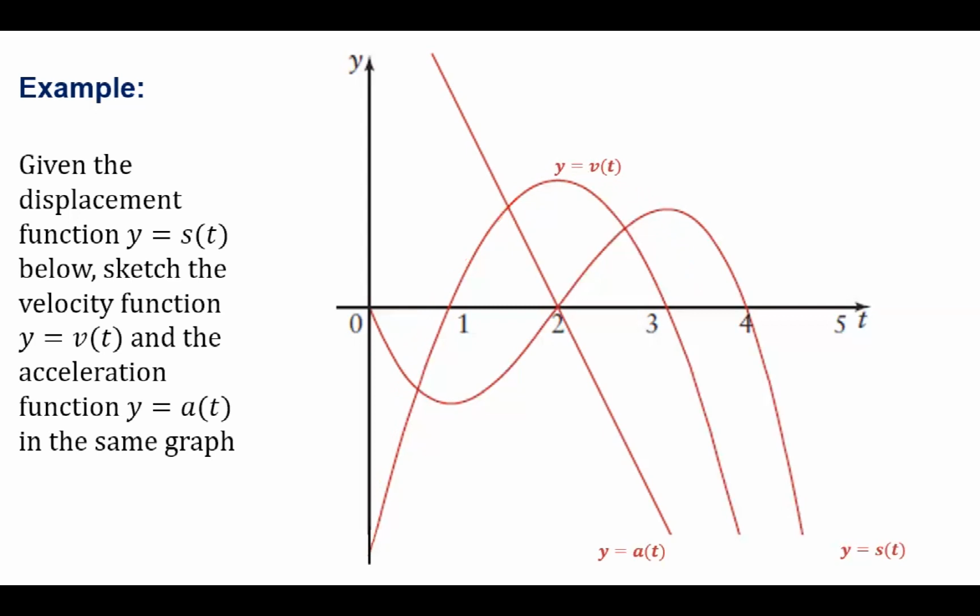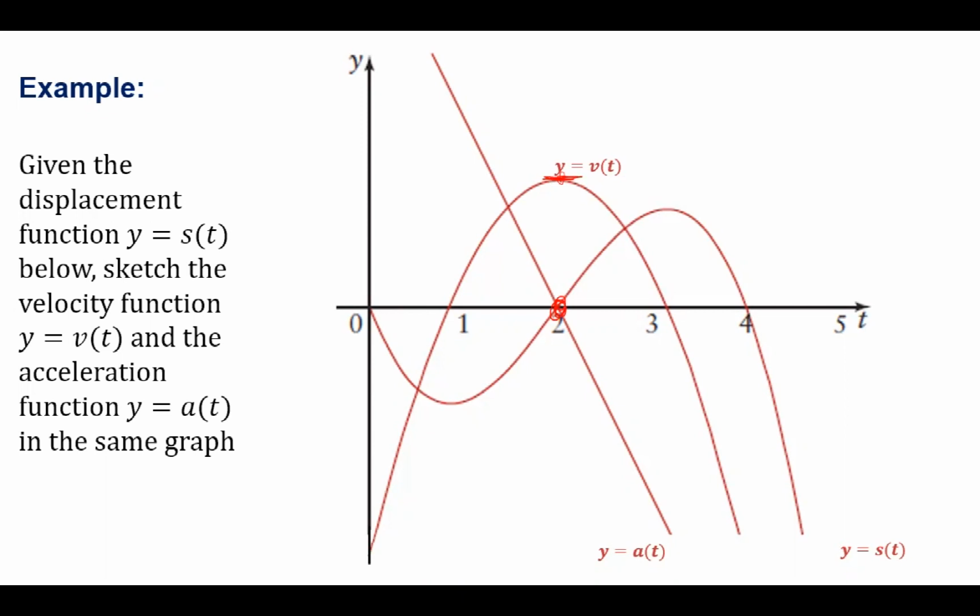So the acceleration function is the derivative of v(t), right? So note here, the derivative of v(t) is 0. Therefore, at this point, the acceleration is 0. Before that, the slope, the instantaneous rate of change of v, is positive and keeps decreasing until 0.